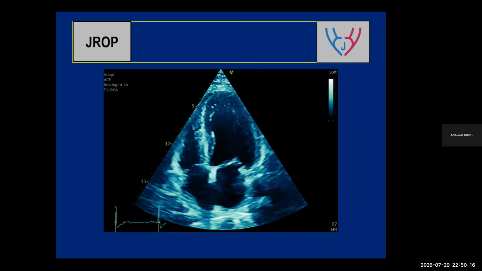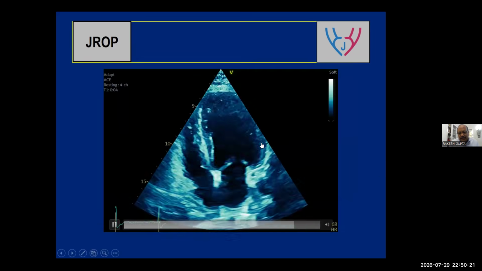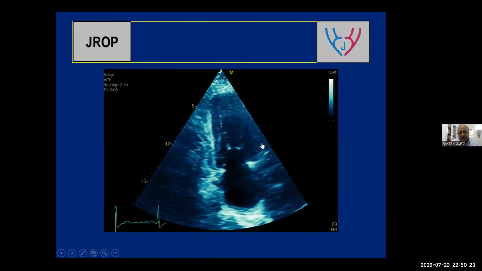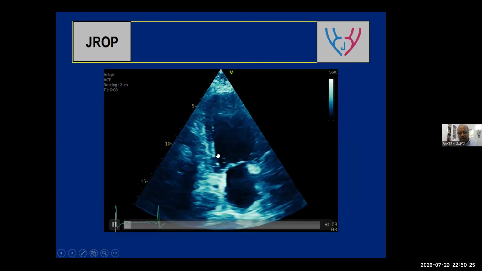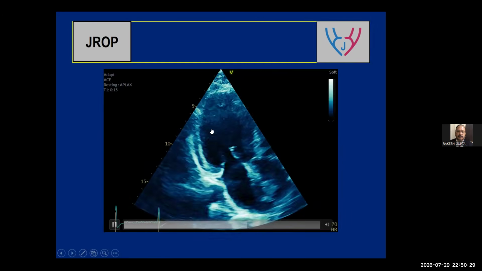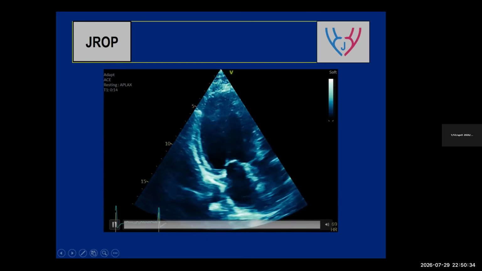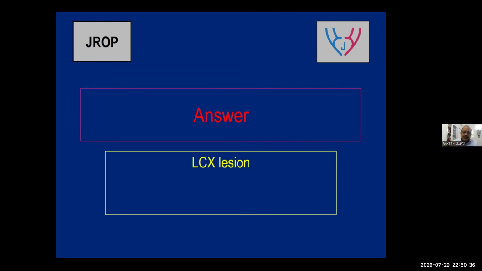So what we see in this patient was basal lateral wall hypokinetic. Correct? In this, the basal inferior wall is hypokinetic. And then look, the crux of the answer lies here: the mid basal posterior wall is hypokinetic. Circumflex. So possibly we're dealing with circumflex.